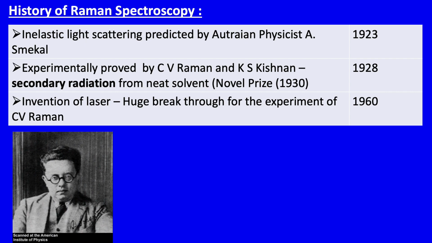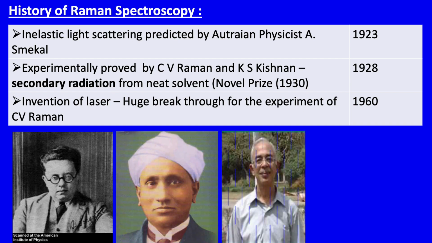The history of Raman spectroscopy started in 1923 when Austrian physicist Smekal predicted the inelastic light scattering. It was C.V. Raman and his colleague K.S. Krishnan who experimentally proved the inelastic nature of light in 1928, and they received the Nobel Prize in 1930.